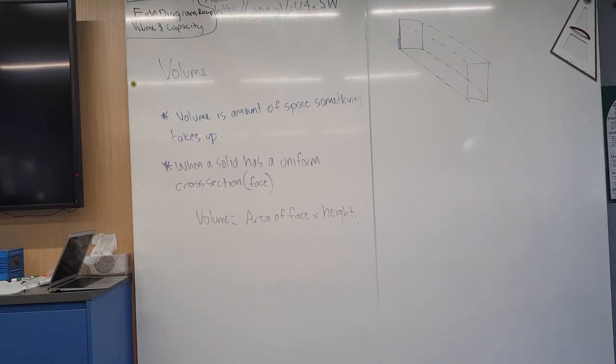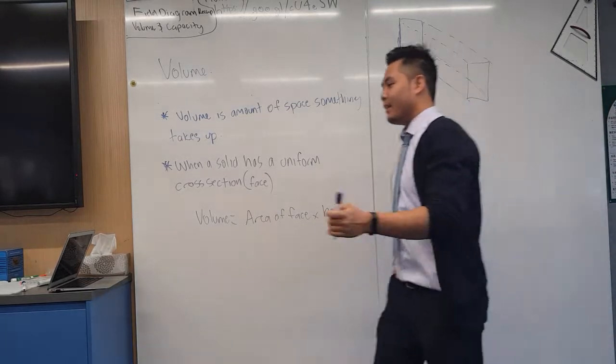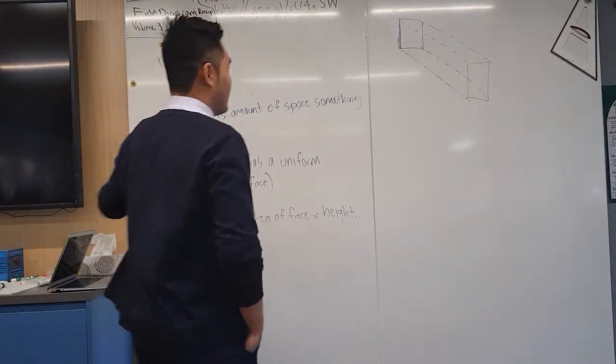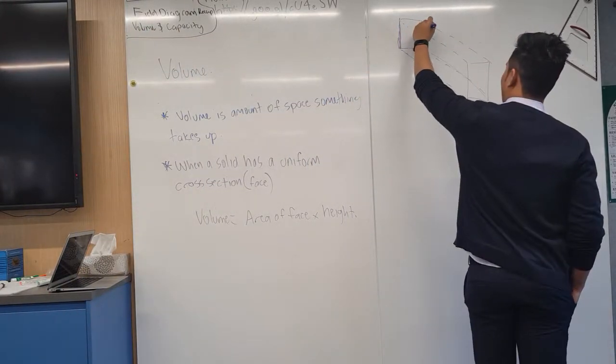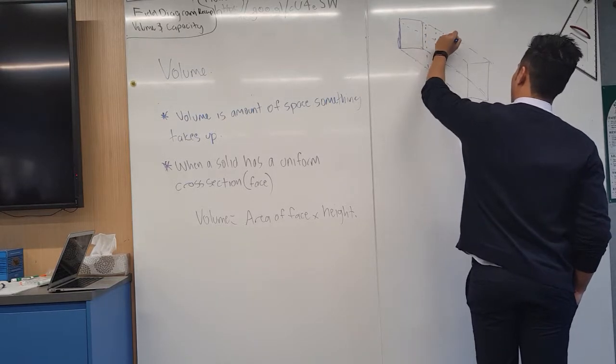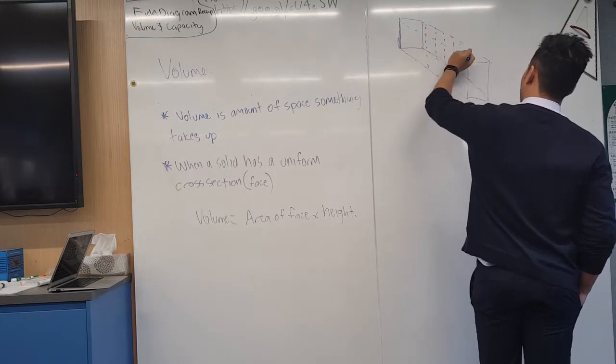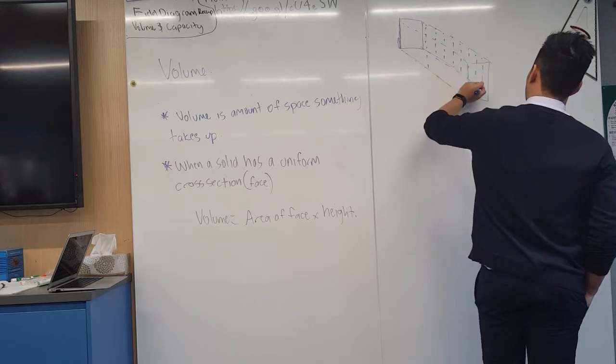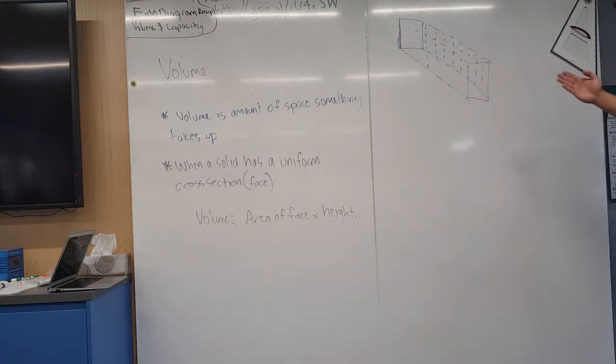So that's a rectangular prism. That's really good, Jesse. So if I draw a rectangular prism, and if I cut it across its length, it's going to have the same cross section.